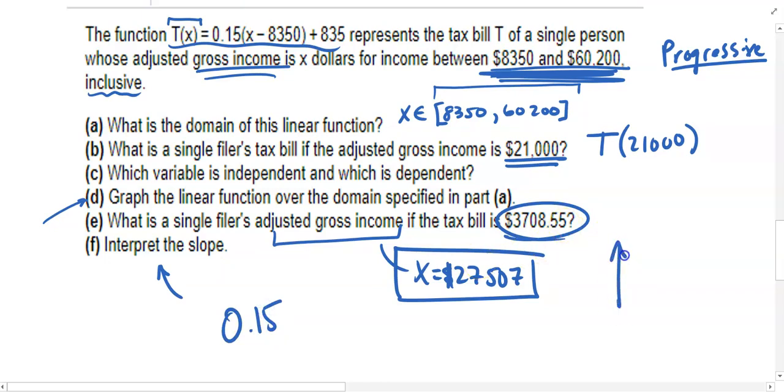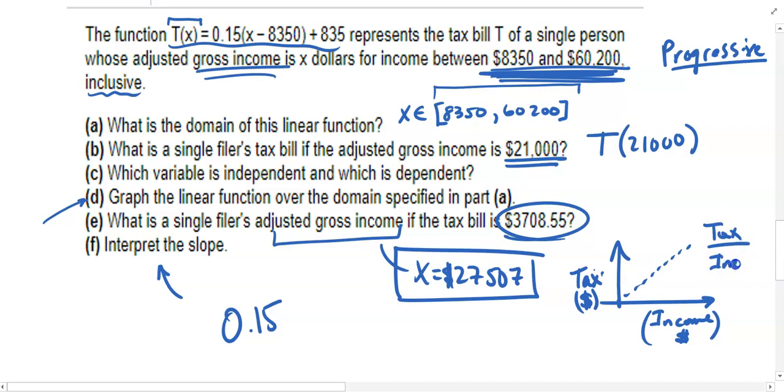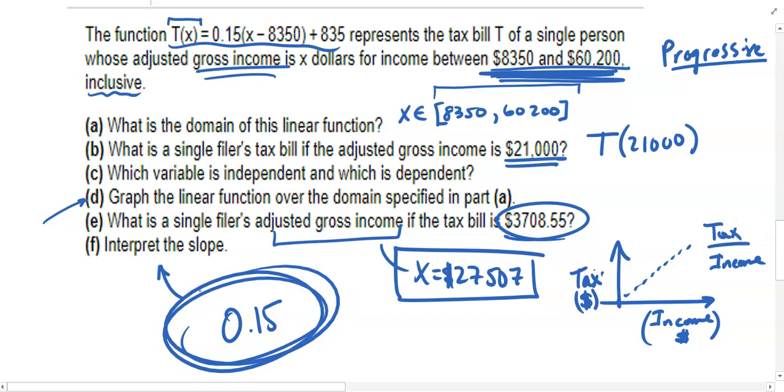And with our y-axis being tax dollars, how much money we spend in taxes, and the x-axis being income dollars, then our slope is essentially tax dollars over income dollars. What does that mean in terms of slope? 0.15 tax dollars per income dollar.